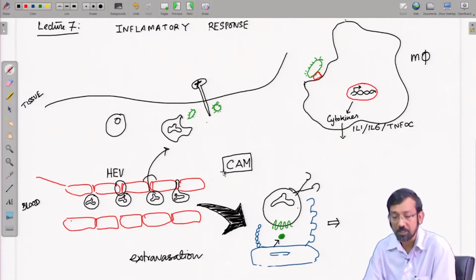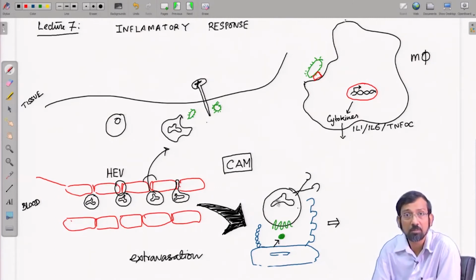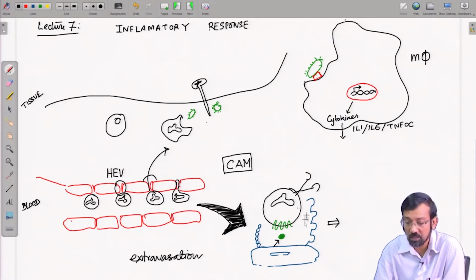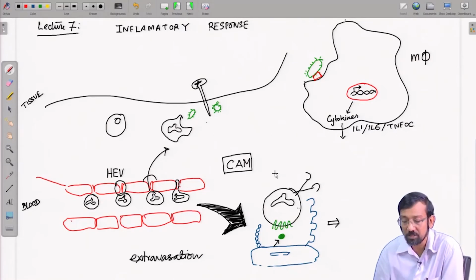If you look at this picture here, this part is just a magnified diagram of what we are seeing here: a single neutrophil and an endothelial cell, magnified in this region.